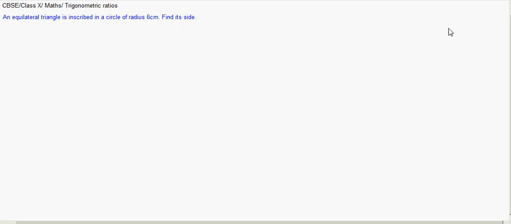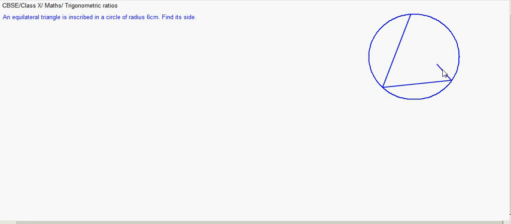It says there is a circle. There is an equilateral triangle. I will try to make one. Doesn't look like one. Just give me a second.